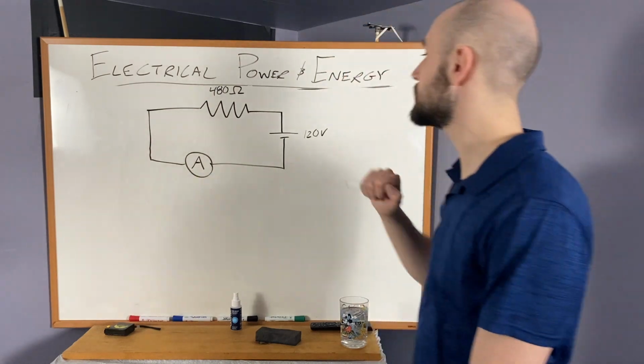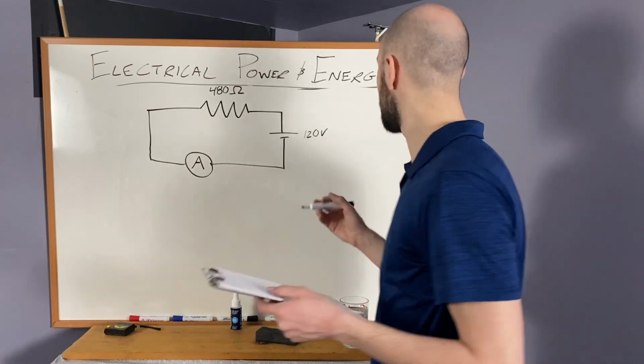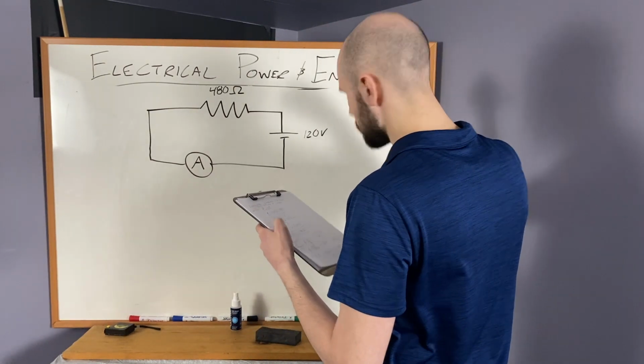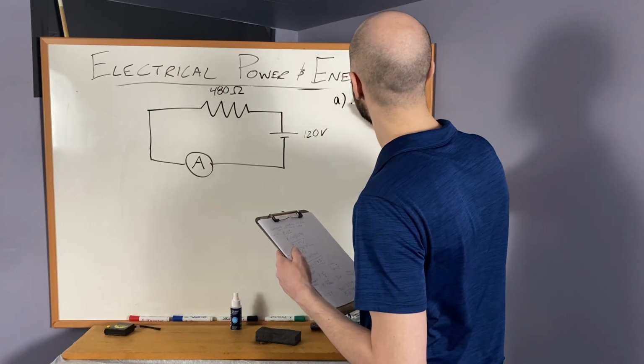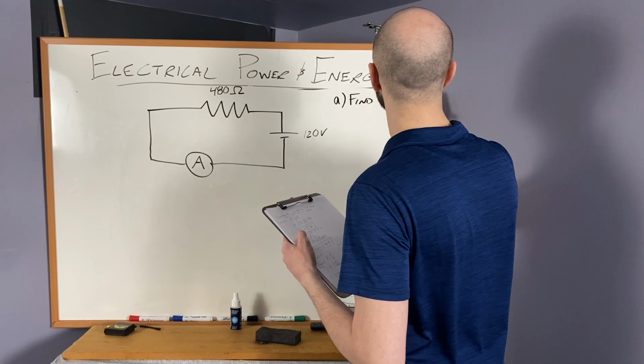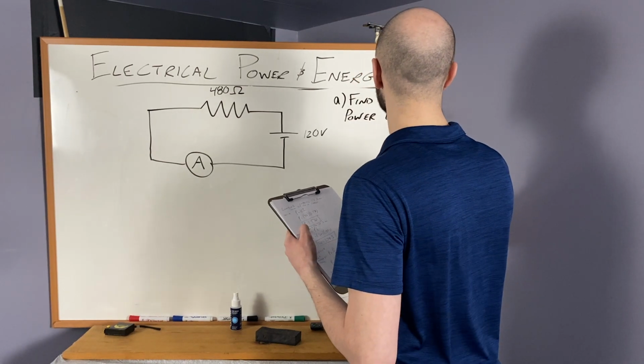There's an ammeter hooked up in the circuit, but the reading on the ammeter is not given. What we want to know here is A, find the power dissipated by the resistor in the form of heat.